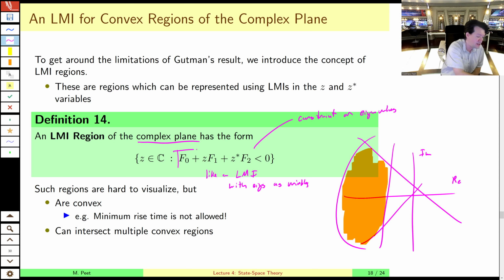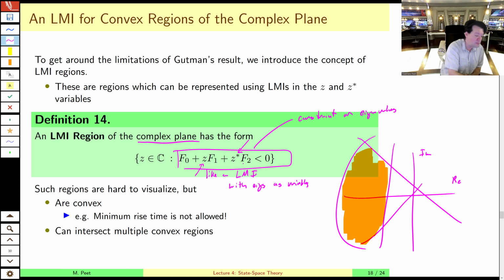So it's not exactly clear what kind of regions this corresponds to. It's very abstract. Well, basically, it has to be linear in the eigenvalues, the constraint that you get, which is going to be a problem with the performance metrics we had because they were nonlinear. So linear in the eigenvalues.